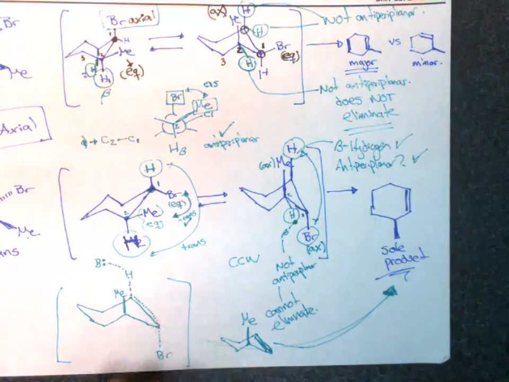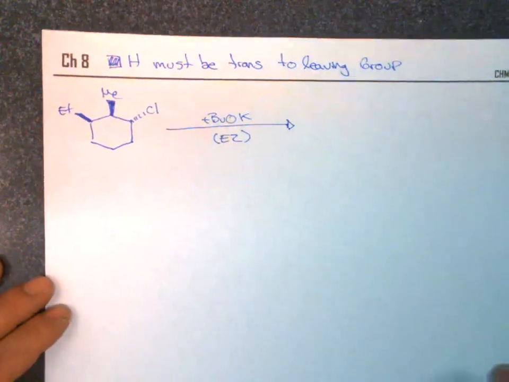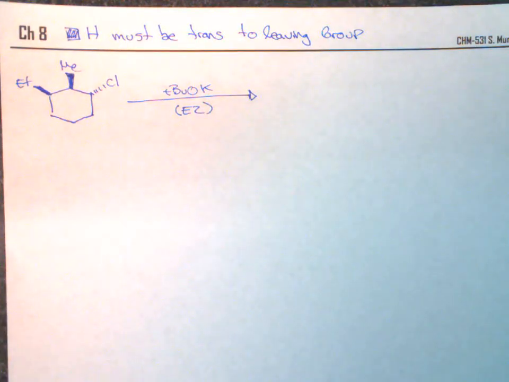Nothing short of practicing on your own will get you ready to rumble and able to ace the exam. And so I would like to give this for you to practice on your own and to draw the chair conformations of that particular substituted cyclohexene. I'm going to scan this and upload it. This is going to be the last page of our lecture notes.